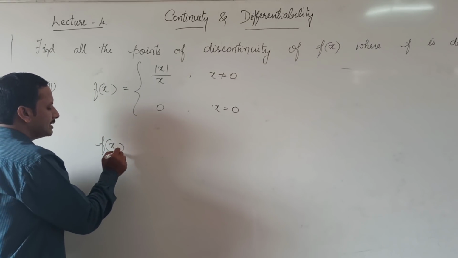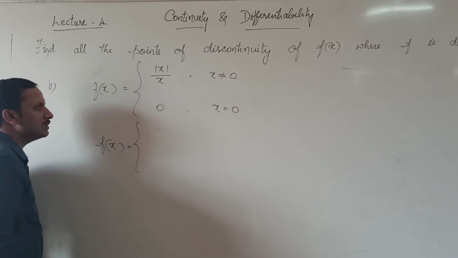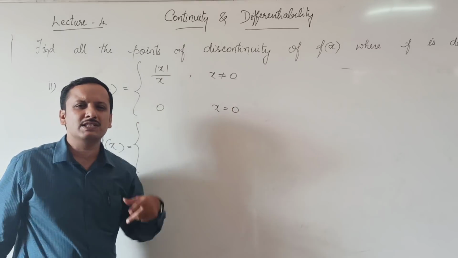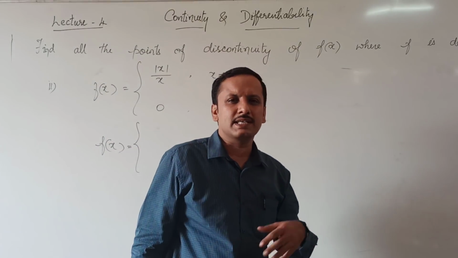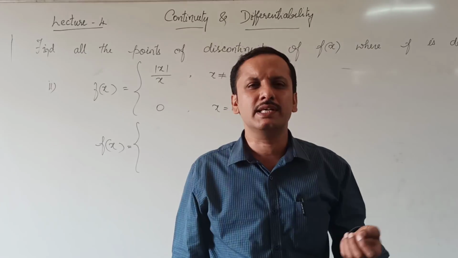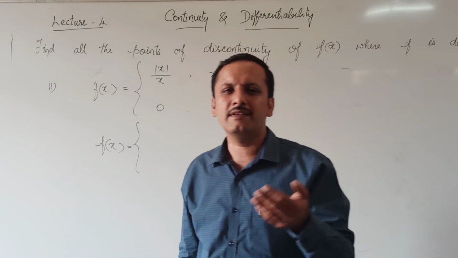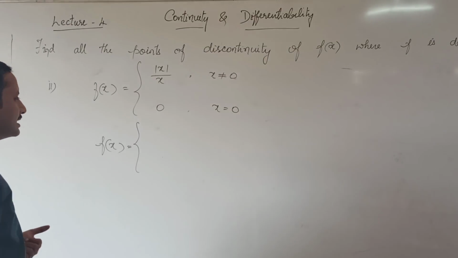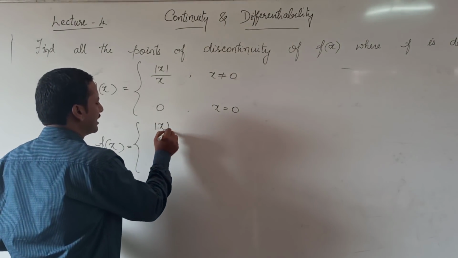Okay. Let us elaborate this. When I write x not equal to 0, then two cases arise. One is x greater than 0 and the other one is x less than 0. So, I will split that x not equal to 0 into two cases, x less than 0 and x greater than 0.